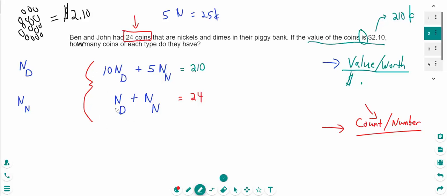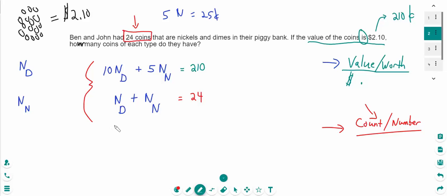So we have two variables, n sub n and n sub d, and we have two equations. That's great. So therefore, we can solve this. So you can decide which one you'd rather use. You could use elimination, or you could use substitution, or you could use graphing, but that's usually not the very most accurate way to do it.